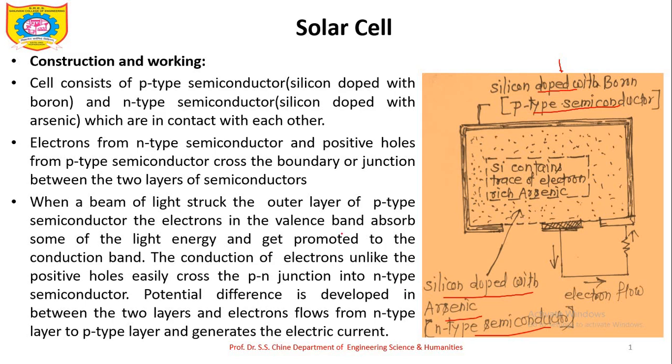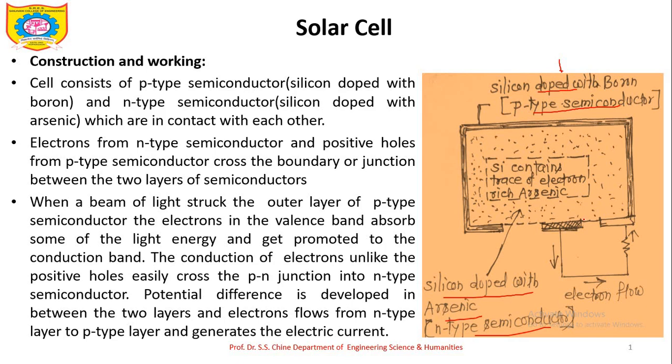As this beam of light strikes the outer layer, that is the P type semiconductor, the electrons in the valence band absorb some of the light energy and get promoted to the conduction band. The conduction electrons, unlike the positive holes, easily cross the PN junction into the N type semiconductor. So there is a passing of electrons and holes.